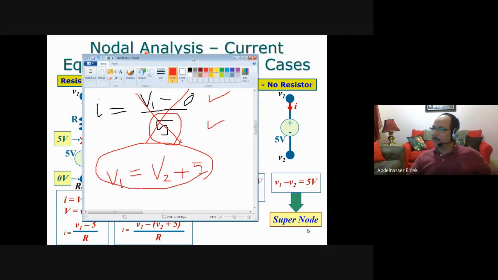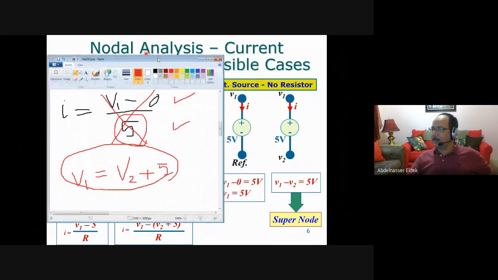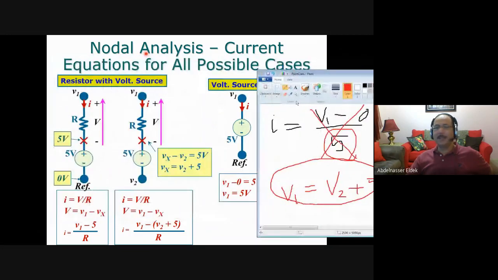But for the first example, you don't even need to write an equation at this node, at V1. Why? Because V1 is known now. If this one is 0, this one is 5. So V1 is 5. That's it. You don't have to apply Kirchhoff's current law at this node.